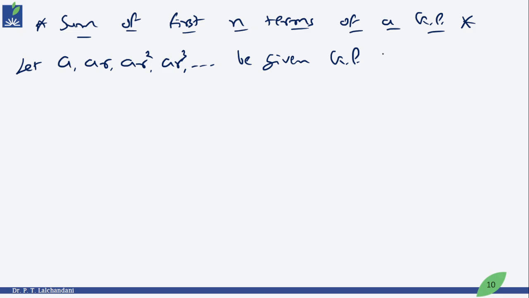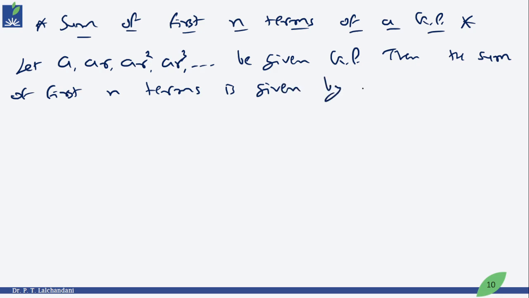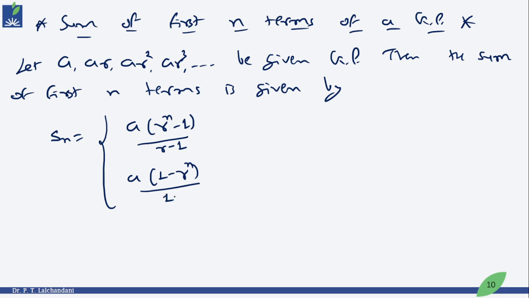Then the sum of first n terms is given by one of two different formulas. The first one says A times (R raised to n minus 1) divided by R minus 1. Another formula says A times (1 minus R raised to n) divided by 1 minus R.